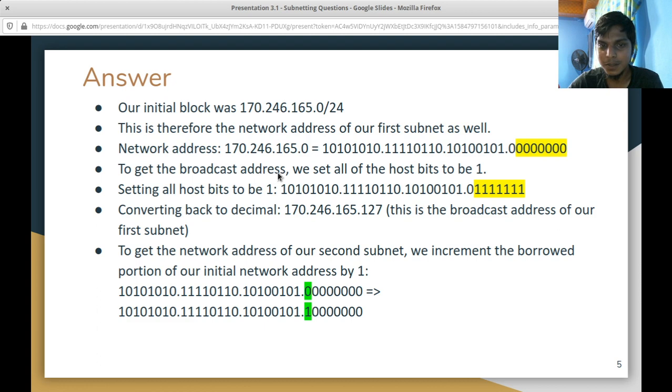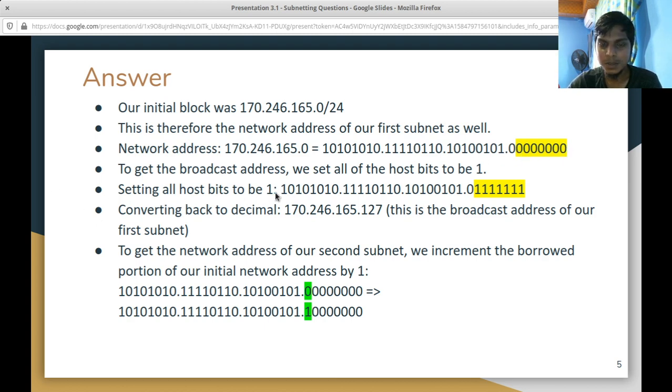Now to get the broadcast address of this first subnet, we set all of the host bits to be 1. So remember, we borrowed this bit here, so this is not a host portion anymore. We converted this into a network portion. So now our host bits in the subnet remain the last 7 bits here, which is what I highlighted in yellow. So to get the broadcast address, we set all of these bits to be 1.